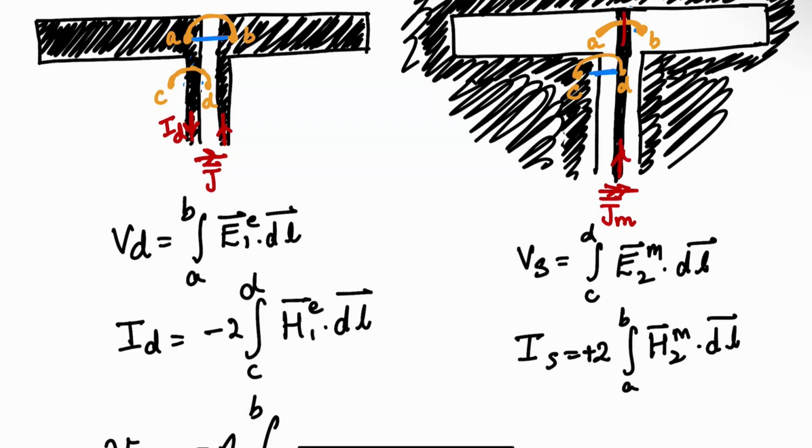When the current is flowing like this, then the integral from A to B is in the right direction of I_D. So in this case, I_D is like this, because the magnetic currents flow like this, and the electric field is pointed inward. Is it inward or outward? Let me check my notes quickly.